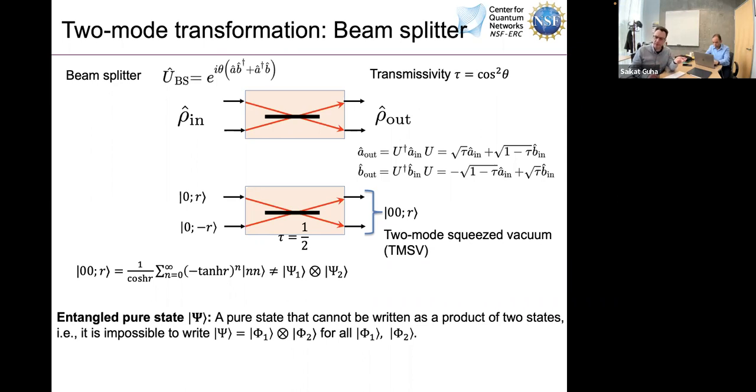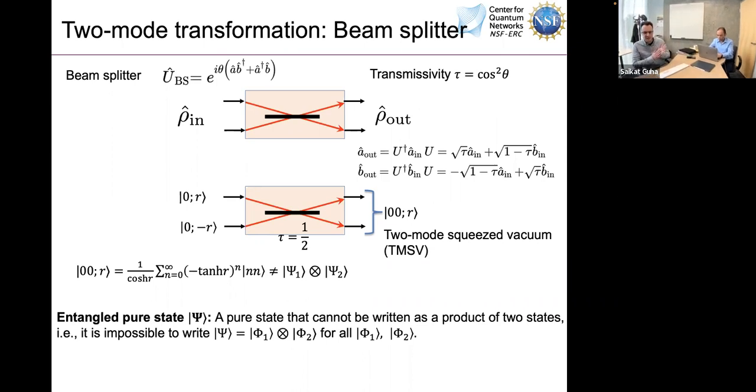The beam splitter is another Gaussian operator, but it's not single mode. It acts simultaneously on two modes of your input field. And that creates entanglement. So now you have an expanded set of Gaussian operators, which means that you can create Gaussian entanglement if your input state is Gaussian.